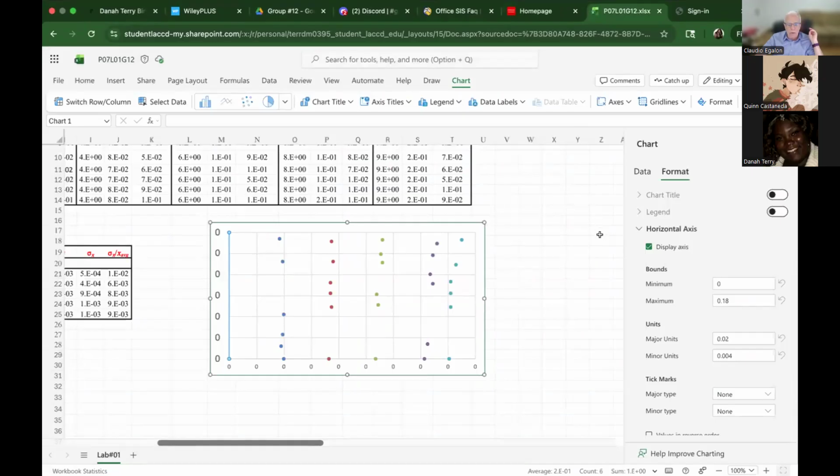Did you download this spreadsheet to your hard drive? Yes. Okay, show me where the spreadsheet is in your hard drive, please. It should be in the download folder.